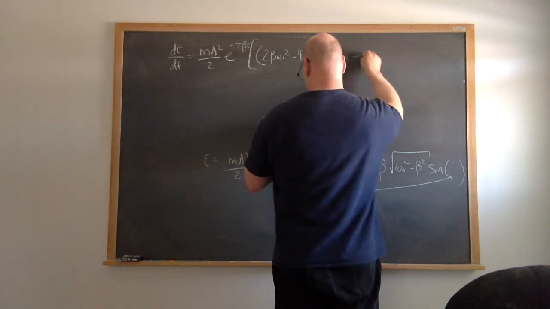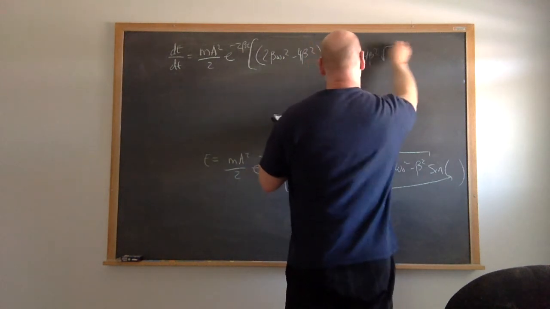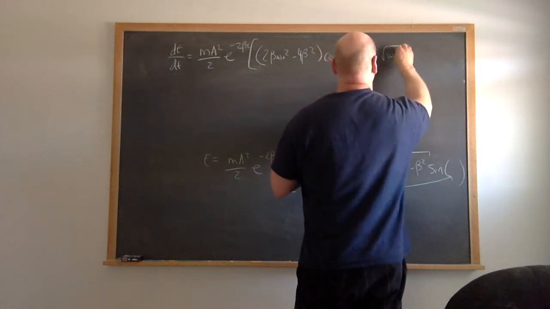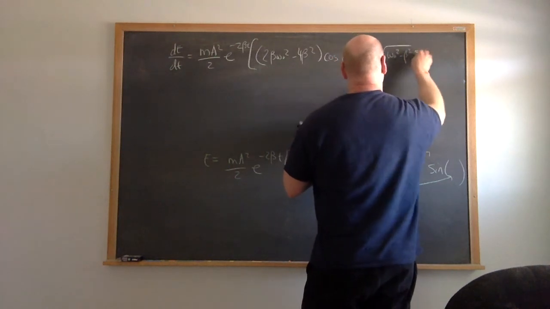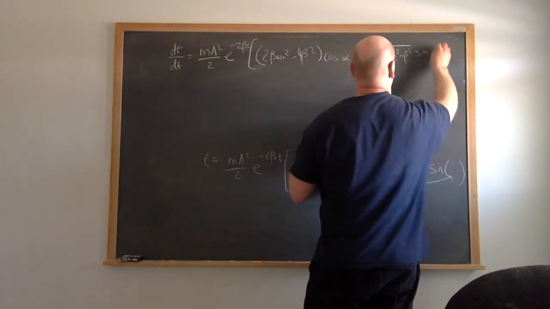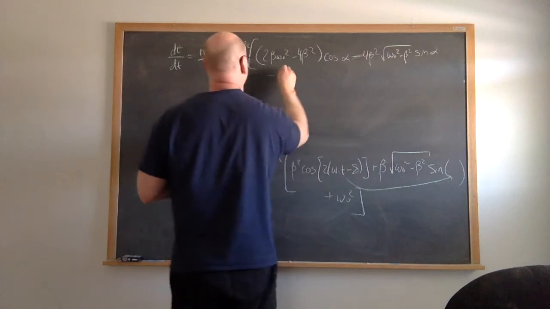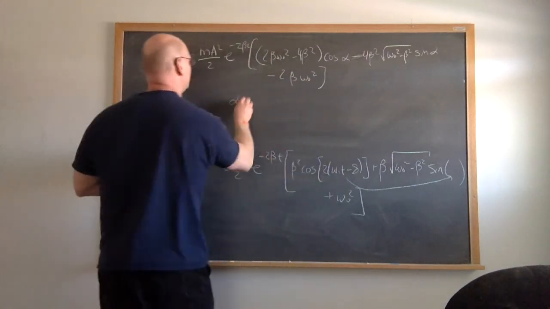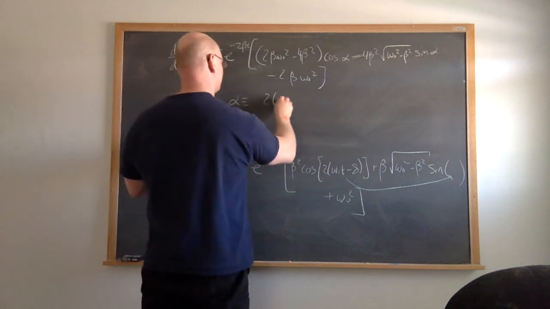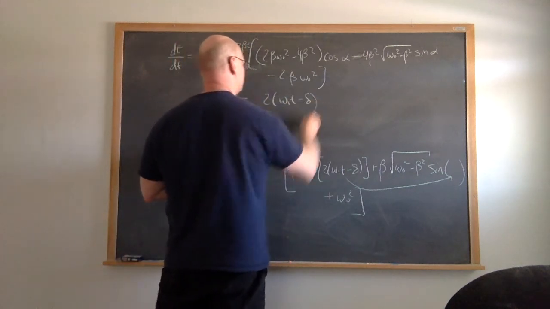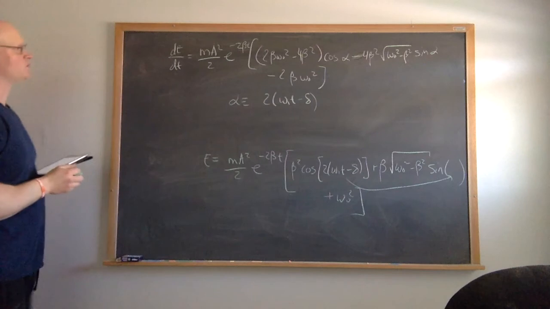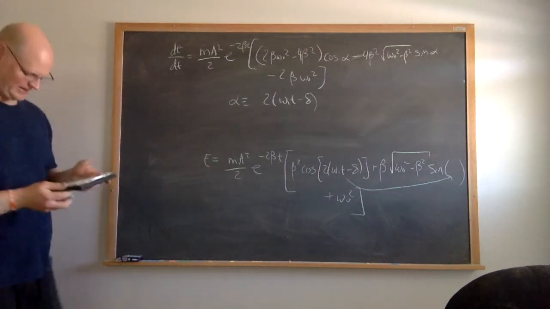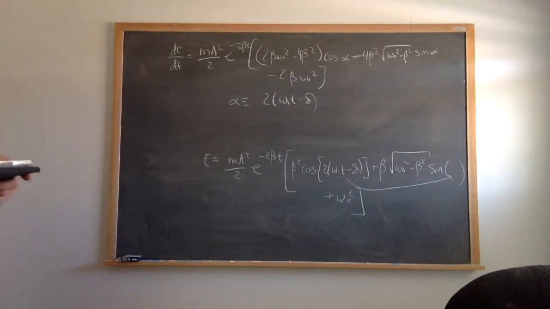Minus, sorry, 4 beta squared times the square root of omega 0 squared minus beta squared times sine of alpha minus twice beta omega 0 squared, where alpha is defined as twice omega 1 t minus delta. So this is the rate at which energy is being dissipated from the system.